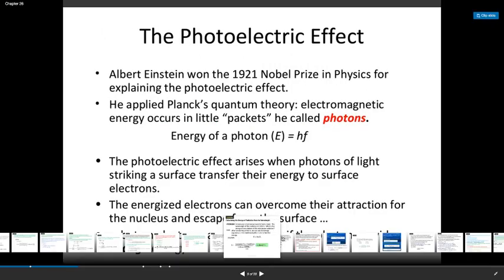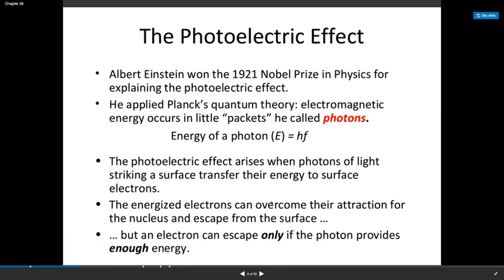Okay, so Einstein's explanation that won him the Nobel Prize goes as follows. He applied Planck's quantum theory that light is emitted in packets called photons, and each photon has an energy of Planck's constant times the frequency of light. So on a one-to-one basis, a higher frequency photon will have more energy than a lower frequency photon.